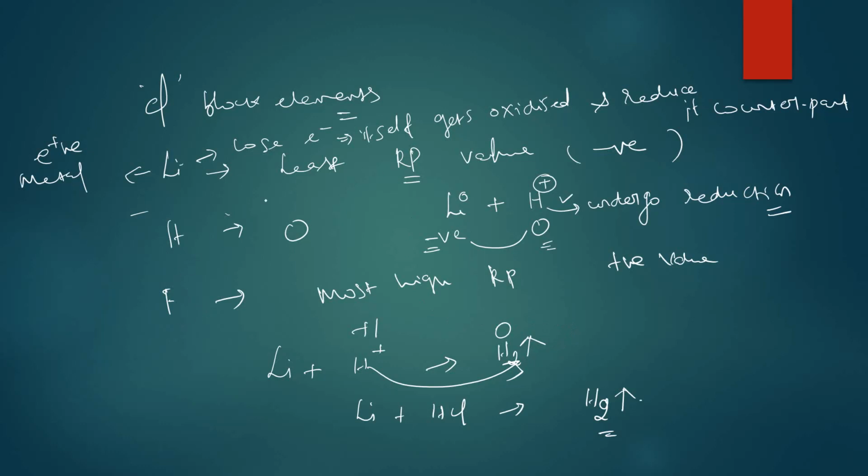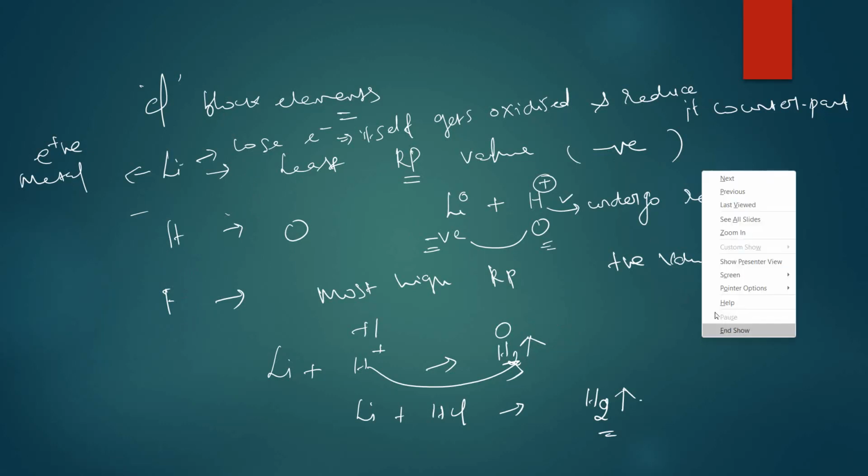Now let us think about another thing. What we got from this slide is that lithium has the least reduction potential, hydrogen 0, and fluorine the most positive value.